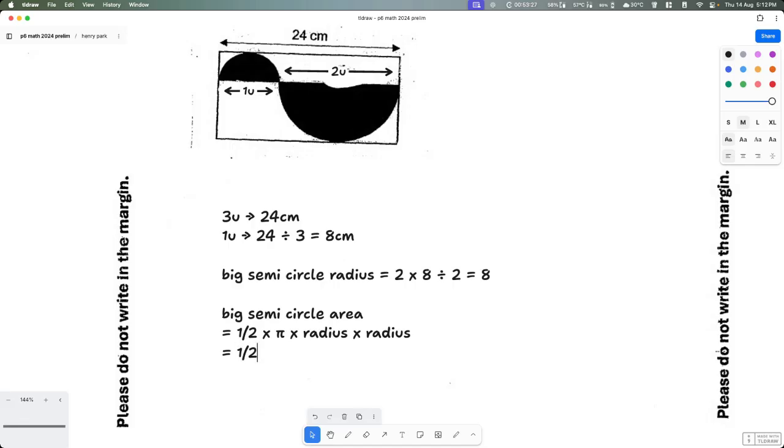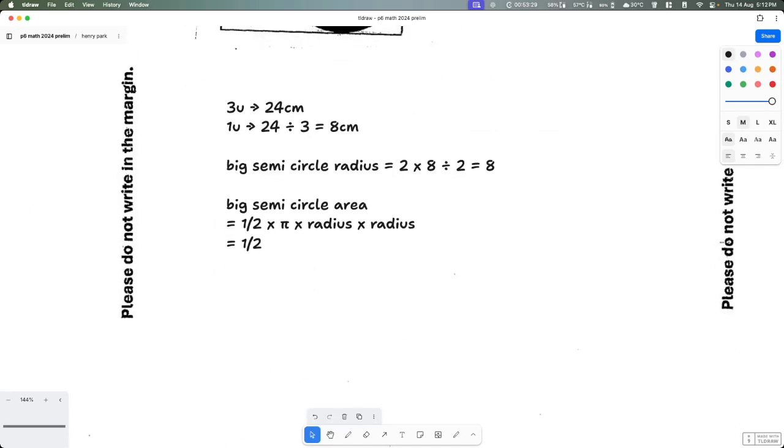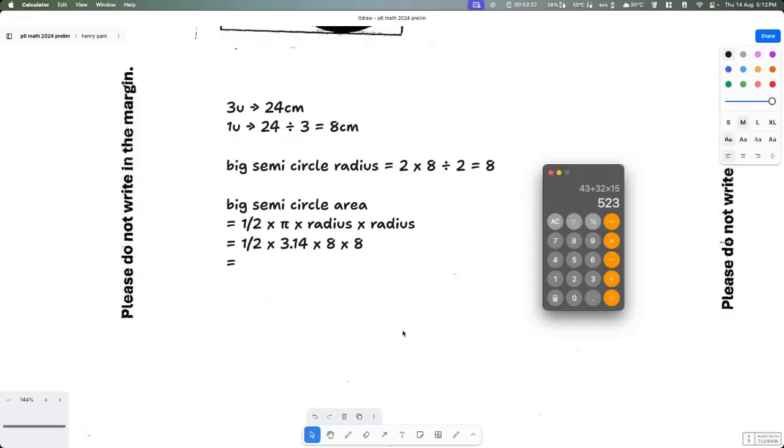That means half times pi, which is 3.14, times radius 8 times radius 8. Let's see what's the answer. Half times 3.14 times 8 times 8.